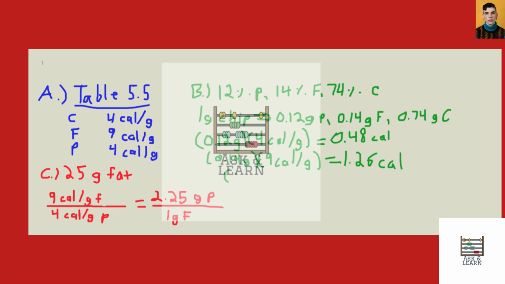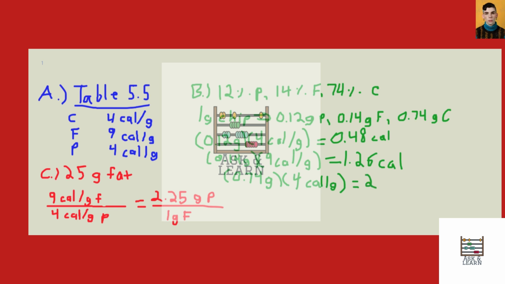Then we have 0.74 grams of carbohydrates times 4 calories per gram, which equals 0.74 times 4 calories per gram.